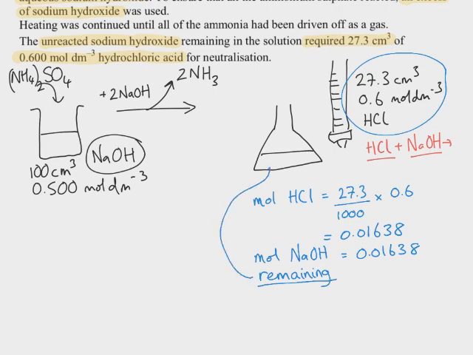So I've written that down to remind me that that is the moles of sodium hydroxide in the flask. So that's what was left after the sodium hydroxide over here reacted with the ammonium sulfate over here that was added to the beaker. So I have full information about the sodium hydroxide in the beaker as well.